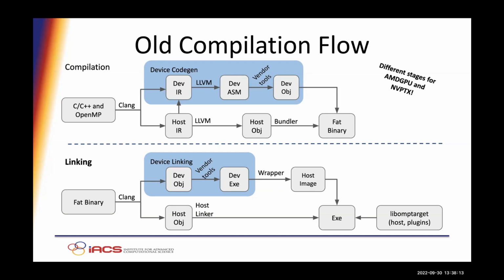This, during link time, would then be fed back into Clang, and the Clang driver would then do the extraction and linking of the device phases, and then additionally a wrapper phase, which created the registration code and the device image that Shilei showed earlier.